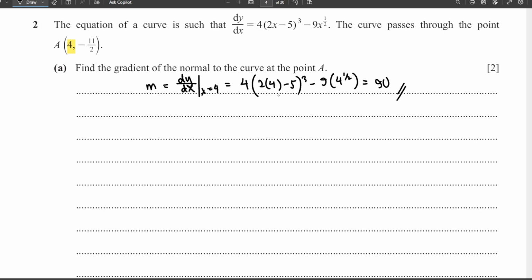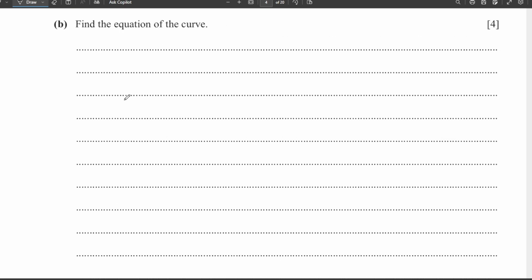So this is the first part, and now to get the normal gradient, m multiplied by m perpendicular will be -1. So m perpendicular will be 1 over -90, and that will be the answer for part A of the question.